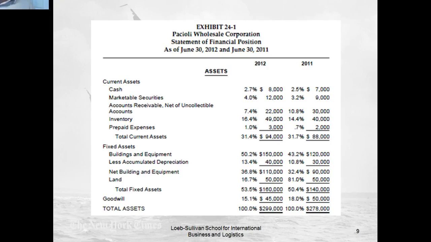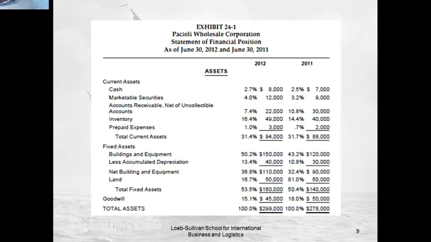So I'm going to look at a couple of common size statements here. These are out of your textbook. So we've got Pacioli Wholesale, and you've got 2012 and 2011 assets shown here.